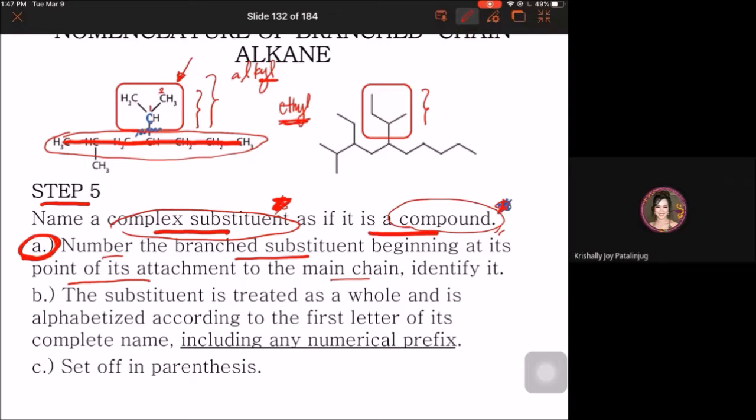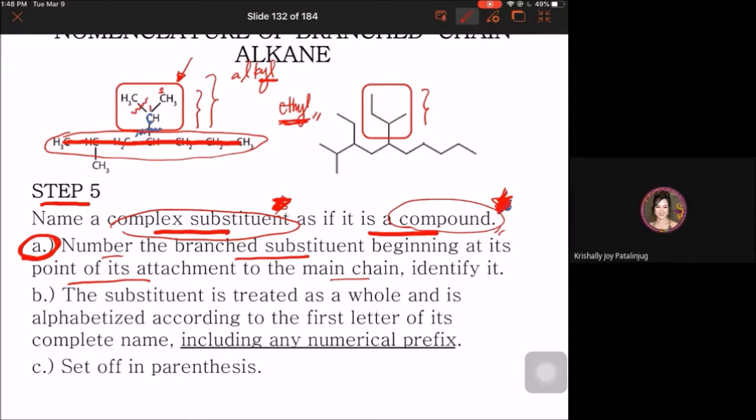Now, you already have ethyl, the longest chain in the branch substituent itself. What is step 3 in the basic steps in naming a compound? We number and locate the branch. But in this case, this is already considered a sub-branch. This part is a sub-branch.